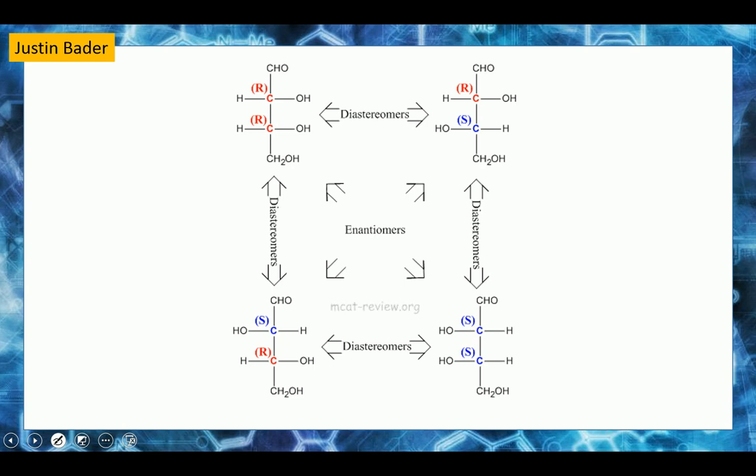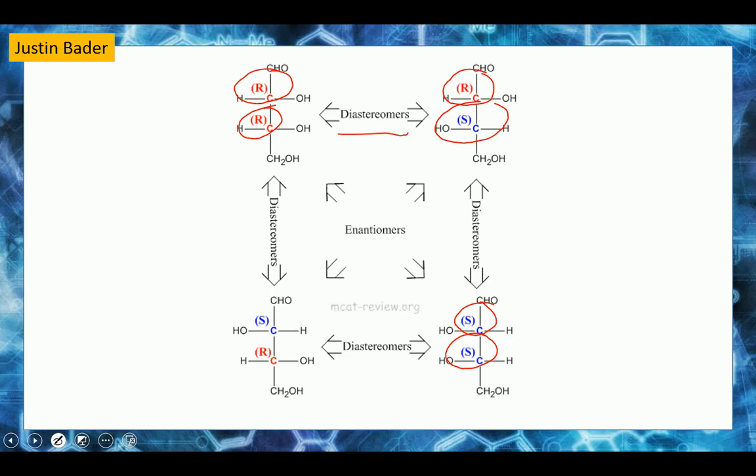So we have R, R, therefore its enantiomer would be S and S. If it were to be a diastereomer, on the other hand, we would have one of these being switched and not the other one. So if we look at the top diastereomer, we'll see that the top one is R and the bottom one is S. Obviously, if the molecule on the upper left were to also have a molecule that both had R and had the same structure, it's the same molecule.